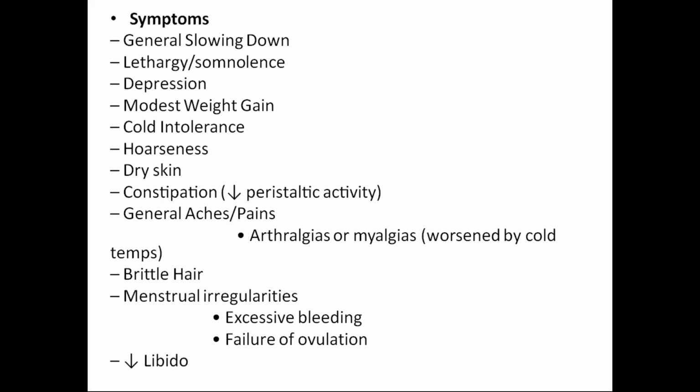There is modest weight gain because of accumulation of myxedematous tissue. There is cold intolerance and hoarseness of voice. Hoarseness of voice is again because of accumulation at the vocal cords, and that causes your hoarseness of voice.